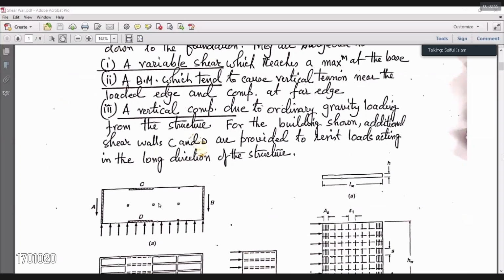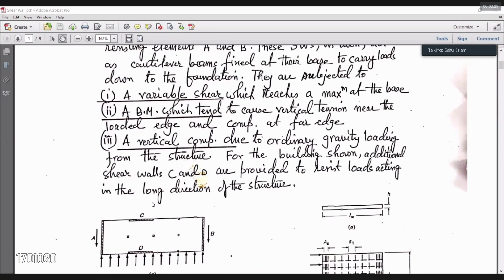In the midlines, these are the columns, and in addition to the columns, these are the shear walls A, B, C, D. These are the directions of wind loads, and when loads act in this direction, of course, shear walls A and B will be very effective, because the stiffness of the wall in this direction is very high. Similarly, when wind loads or lateral loads act from these directions, then C and D will be very effective in resisting the lateral loads.